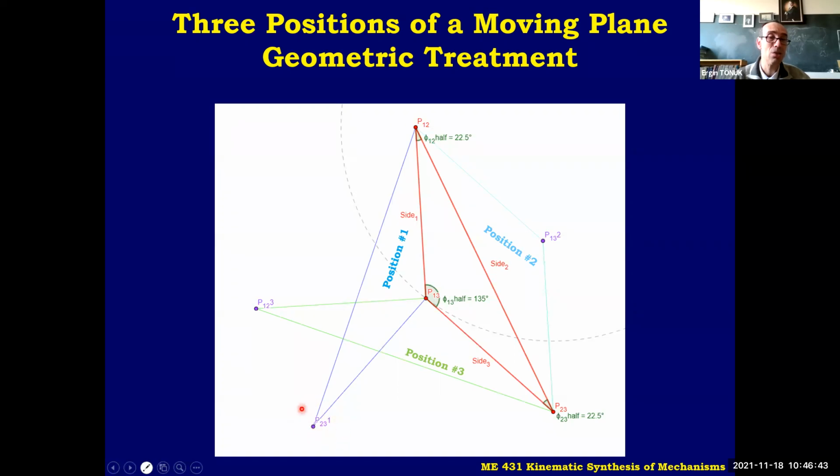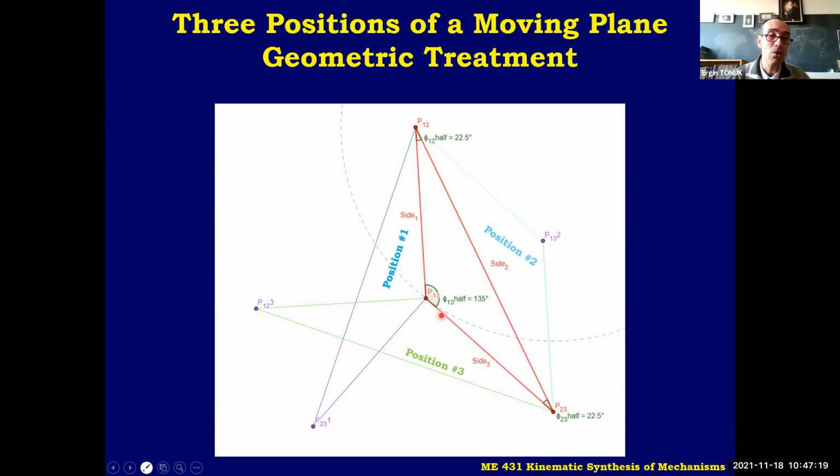So that's the location of pole 23, and it is in position 1. Similarly, you can take a mirror image of P13 with respect to side 2 of the triangle, so that you can obtain the image pole triangle in position number 2 like this. So this is P132.